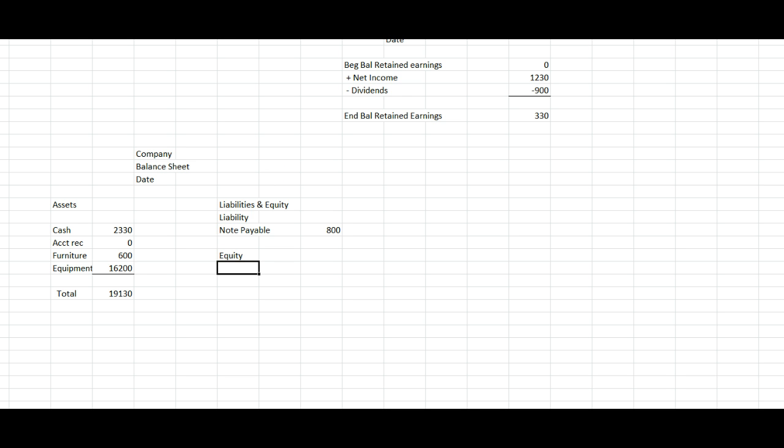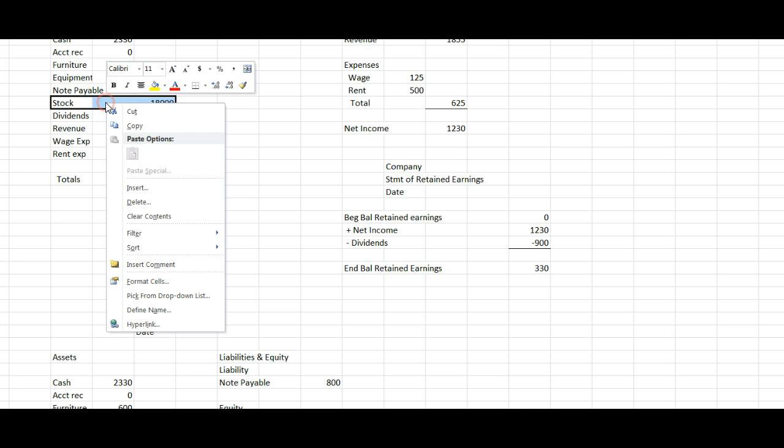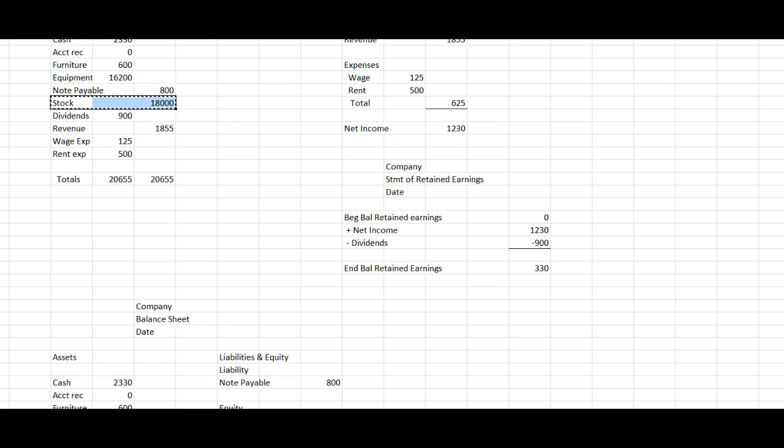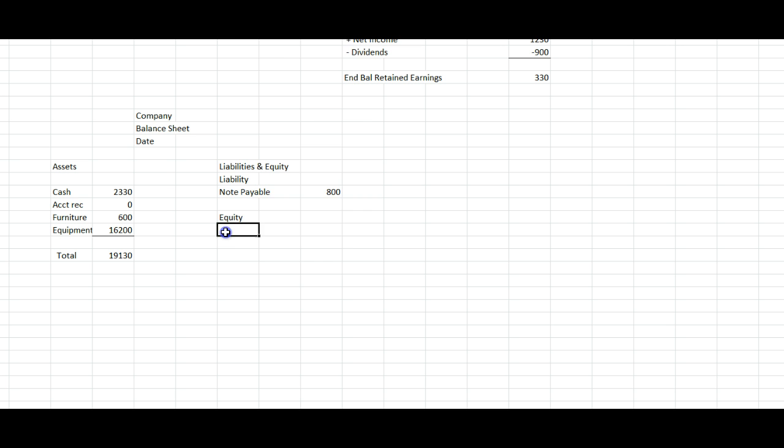I think we had a couple of equity accounts, didn't we? Oh, we did. Now we've already used up dividends. We put that in the statement of retained earnings. And we've used up revenue and expenses. We put those in the income statement. So really the only account we have left is stock. So I'm going to copy that stock account and put that under equity.